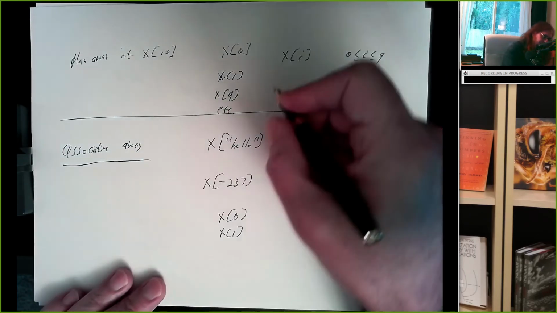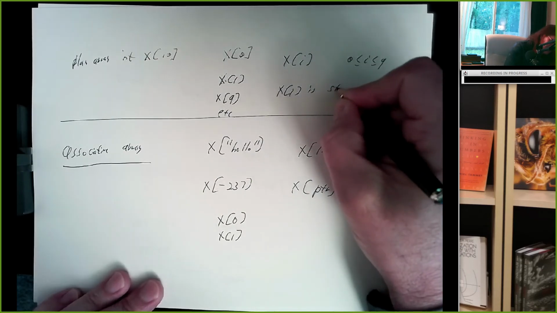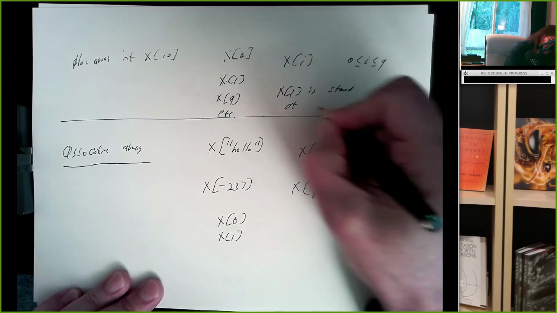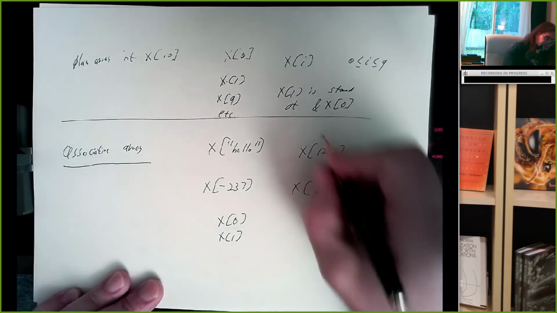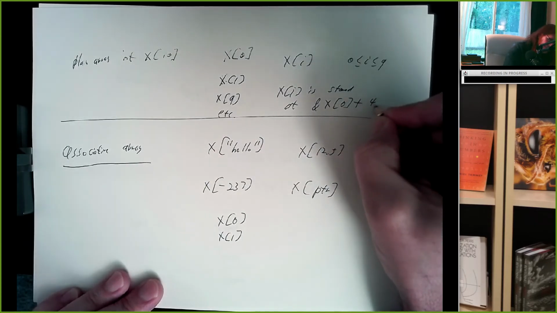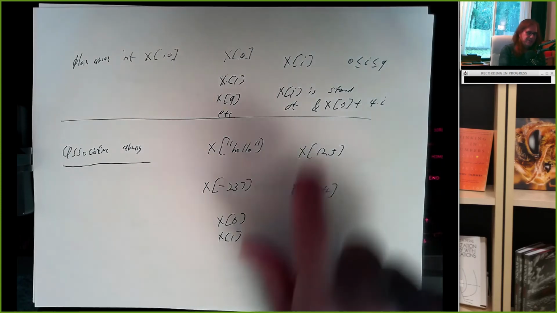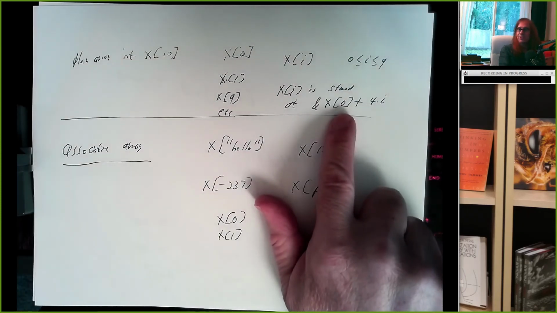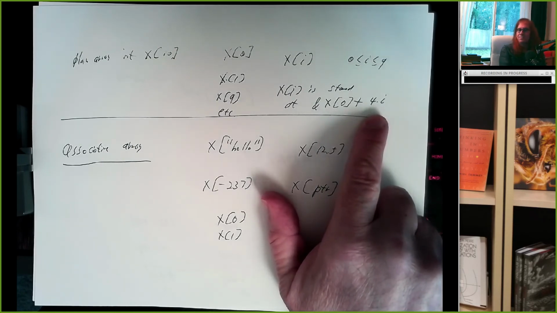For an integer array, x bracket I is stored at whatever the address of the first element is, plus 4 times I. This is assuming that integers take 4 bytes to store, and so the address of x bracket 0 is where the first element is stored. The next element will be 4 bytes after that.